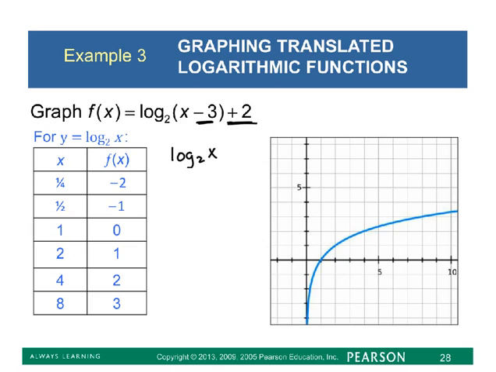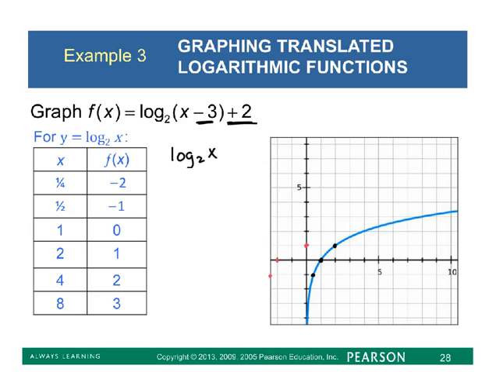So we're going to take these points here: 1/2, -1, and 1, 0, and then 2, 1. Going to take all three of those points and move them over and then up. So take them 3 units to the left, which is this right here, and this, and here.